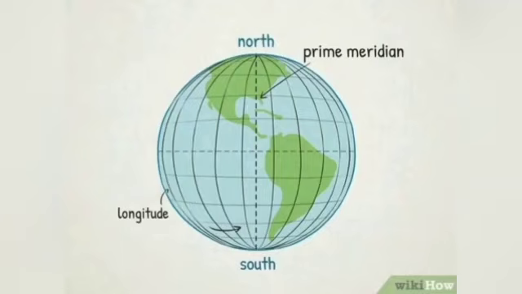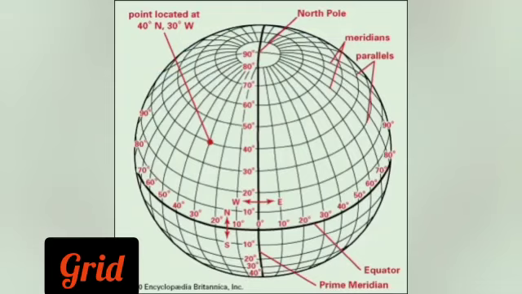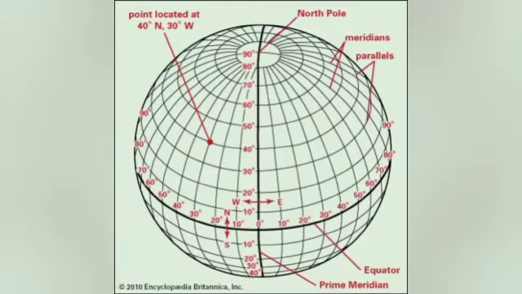Now our last topic from the chapter is grid. Here you can see one picture of a grid of latitude and longitudes. Now what is a grid? The network of lines formed by the latitudes and the longitudes is called a grid.